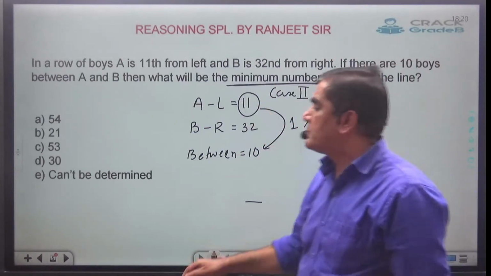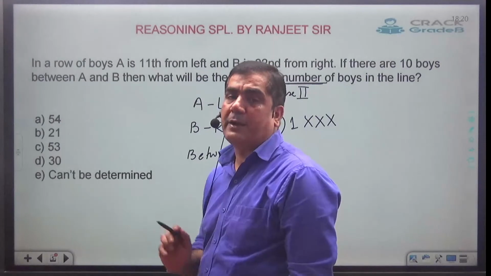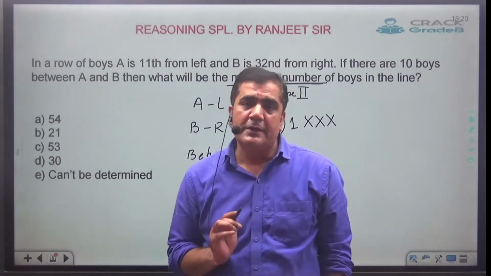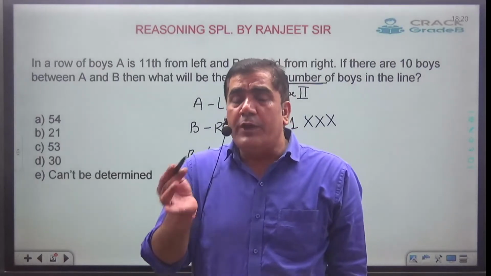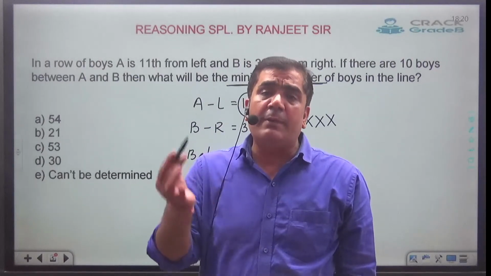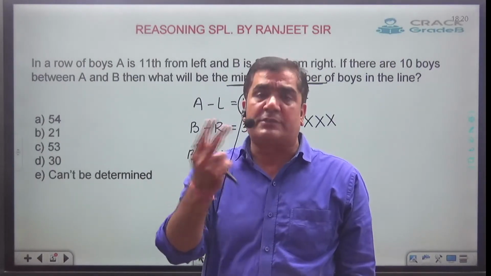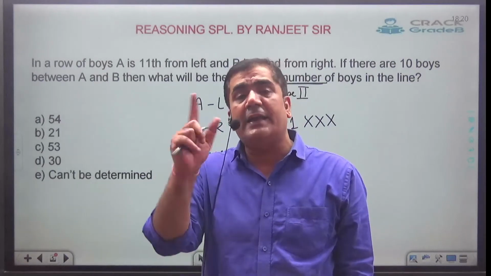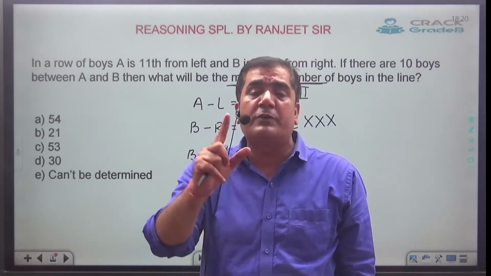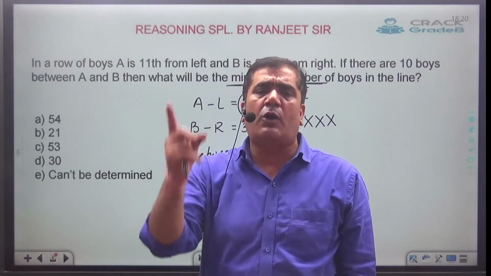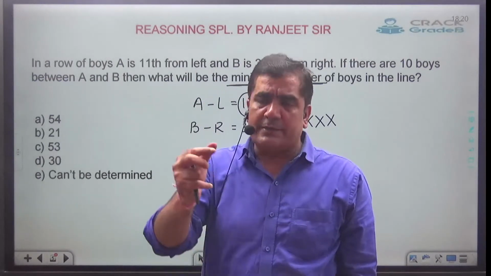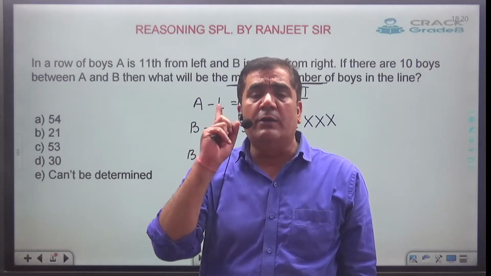So most of the students will go with the answer as cannot be determined. But this is the wrong answer. Now please understand. We can calculate minimum and maximum if and only if we get 2 answers. If I am getting 2 answers, then I can say which is minimum or which is maximum. Let's take an example. Suppose in my class there is only 1 student.